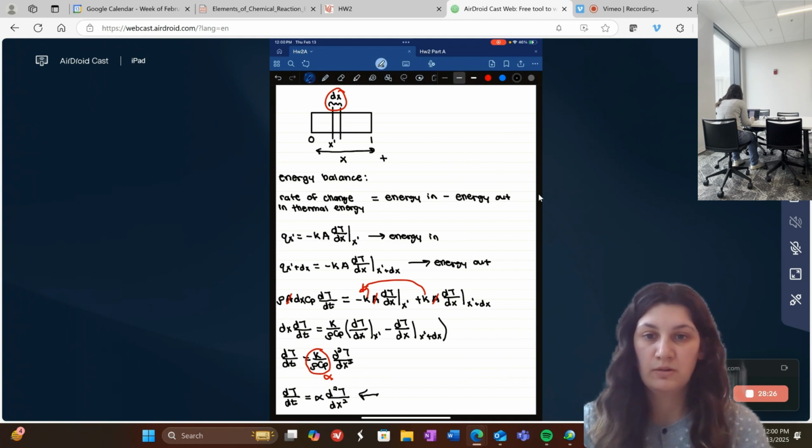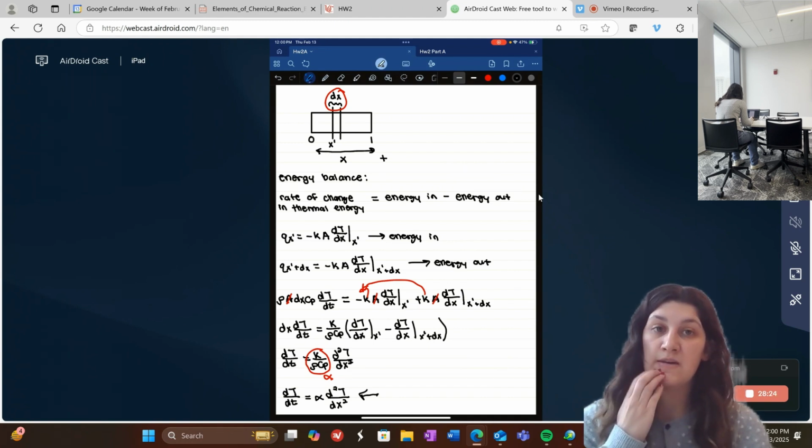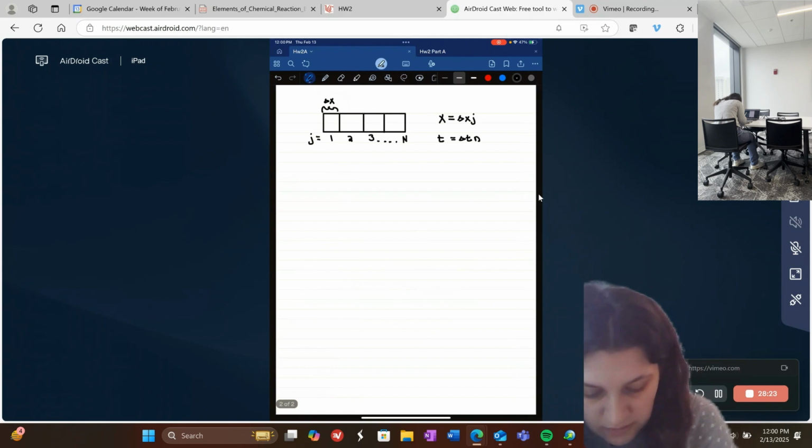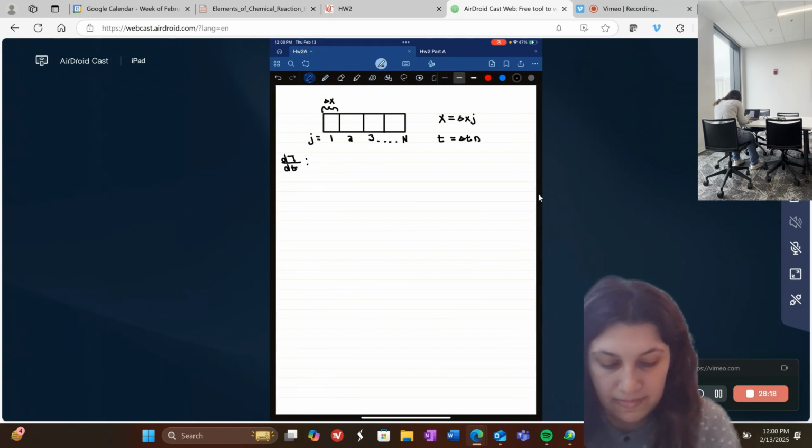So first, we're going to look at that dT/dt variable. So change in temperature over time.